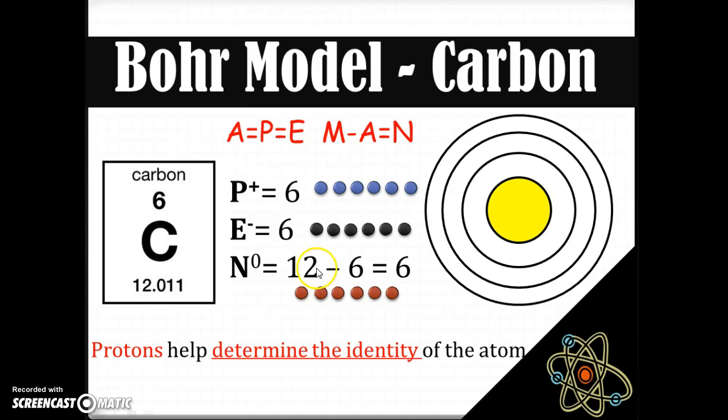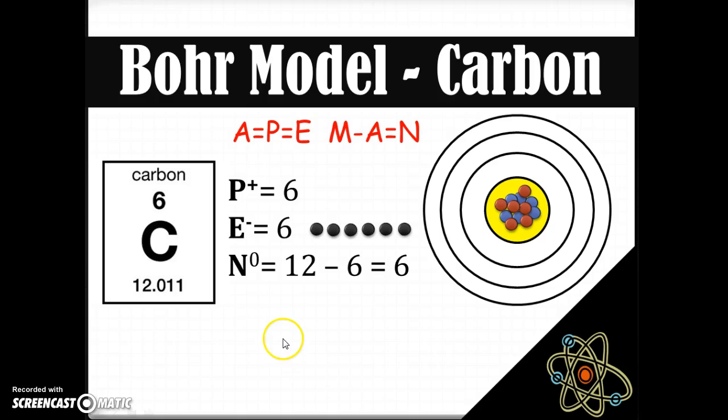So it will be 12 minus 6 equals 6. And the neutrons will be represented by red circles. Also remember that the protons help determine the identity of the atom. Protons determine the identity of the atom.